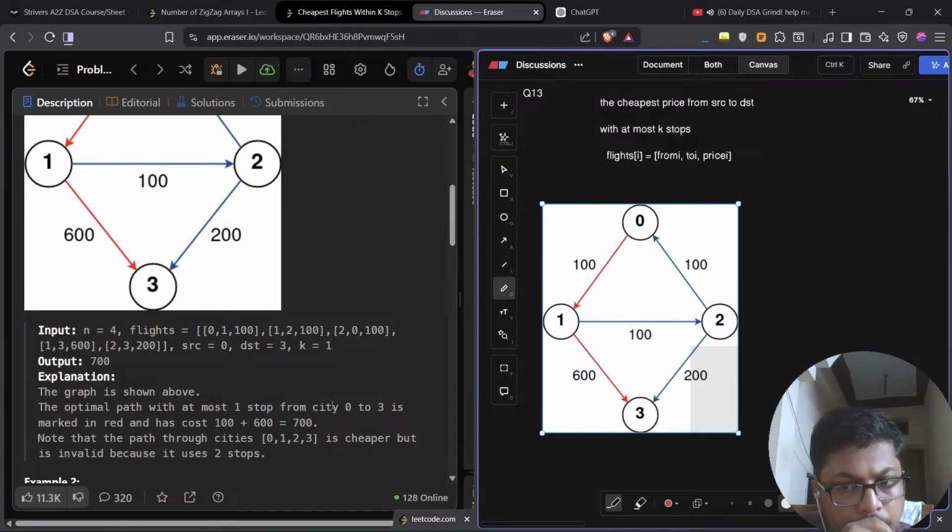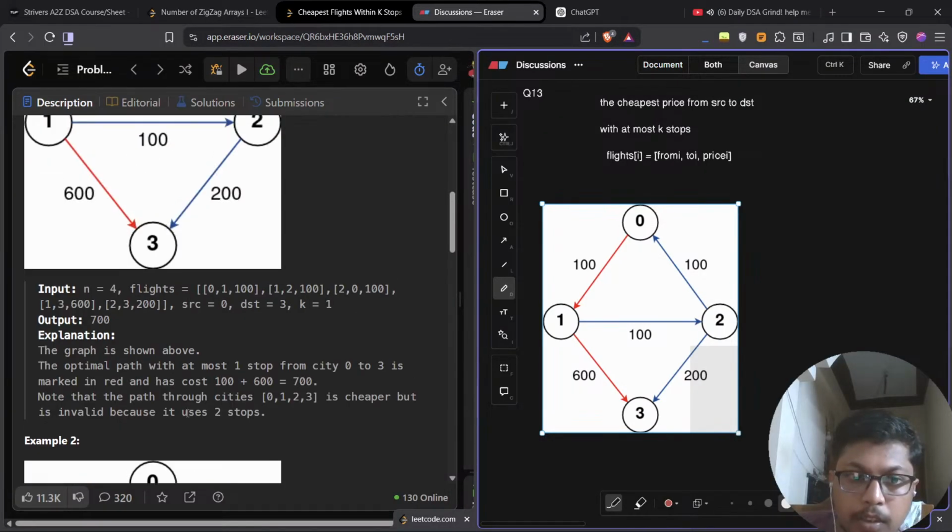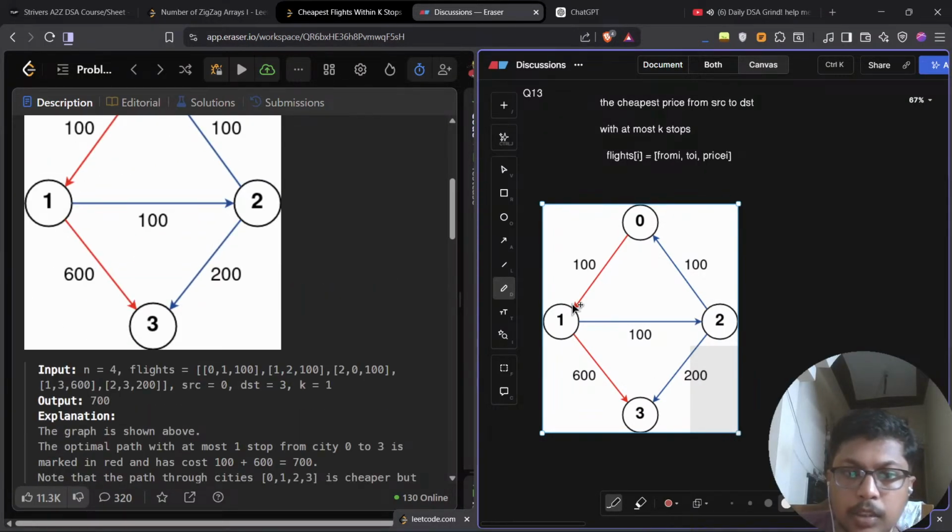One thing I have figured out is that these colors represent routes. The red one says there is a route from 0 to 3 with a stop at 1, and of course it passes through that path.